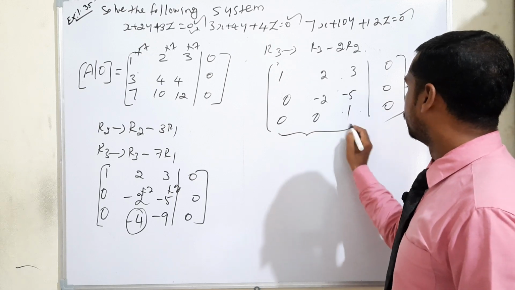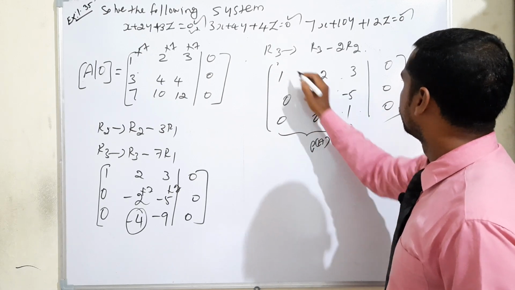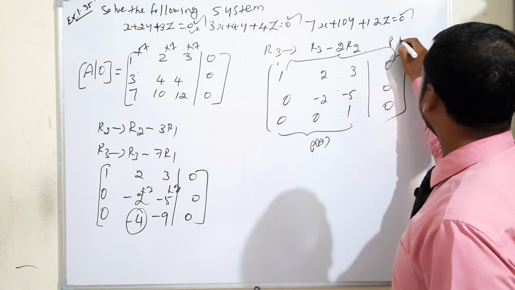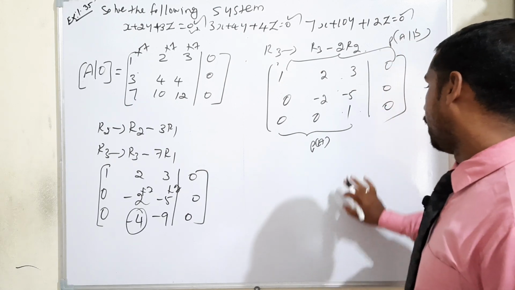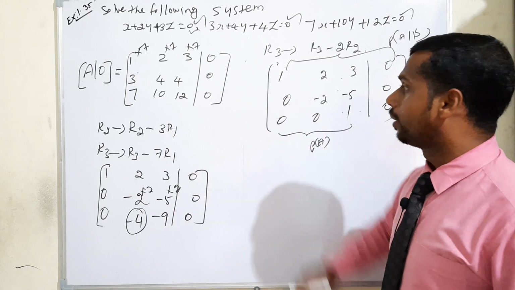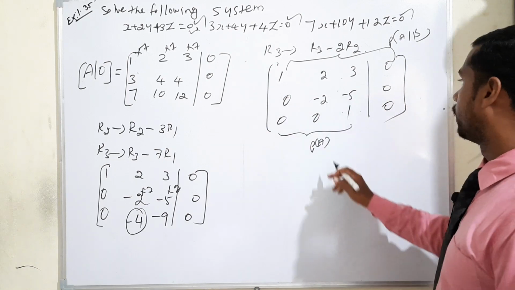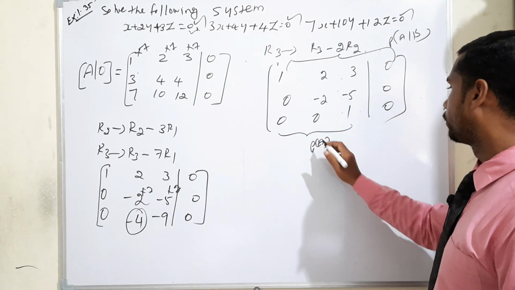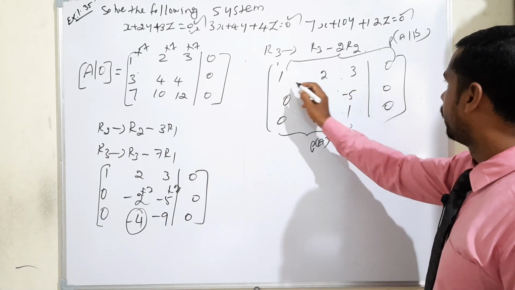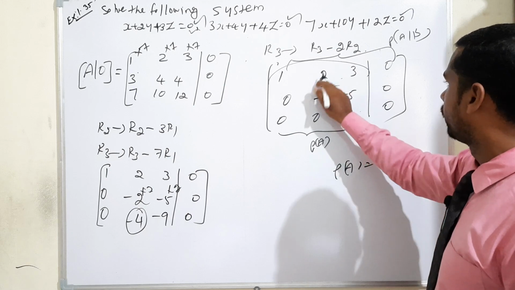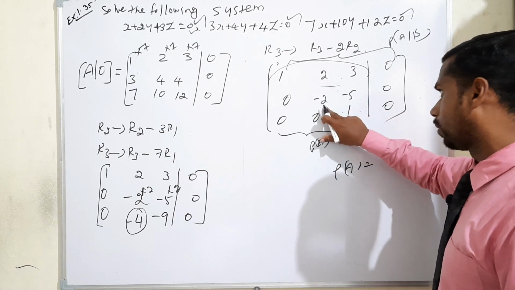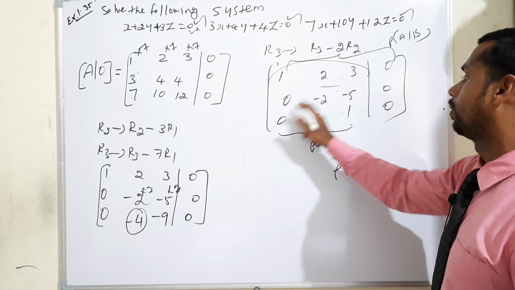This is the rank of A, and this is the rank of [A|B]. Already I told you, the first condition, determinant of A not equal to 0, I haven't checked yet. For the second, we needed a unique solution, so look at the rank of A. The first row is not 0, the second row is not 0, and the third row has a 1, not 0.